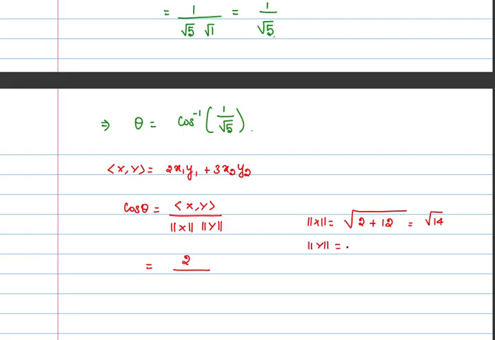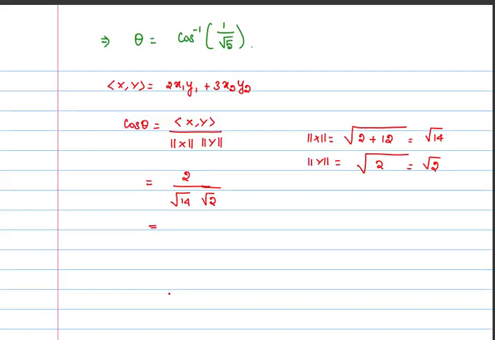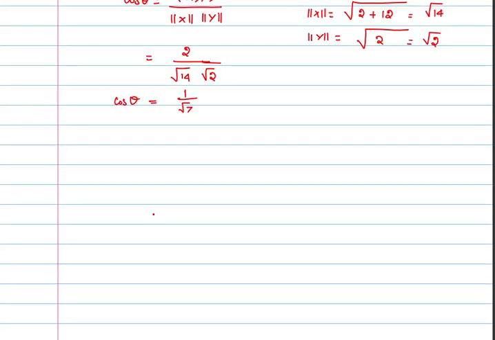The norm of y equals the square root of 2 times 1 squared plus 0, which simply gives the square root of 2. So we get 2 over the square root of 14 times the square root of 2. Taking 2 in common, the 2 cancels, so we get cos theta equal to 1 over the square root of 7.